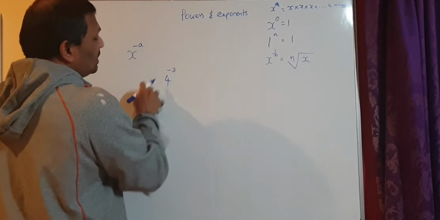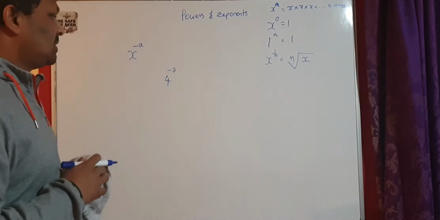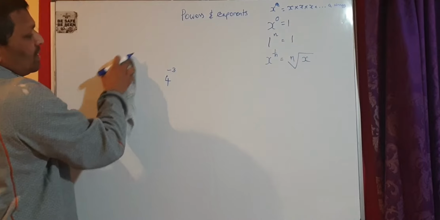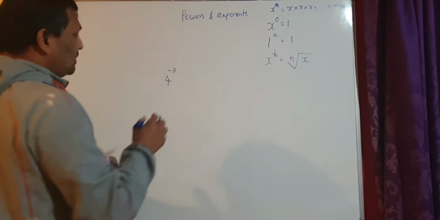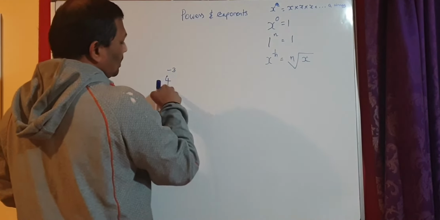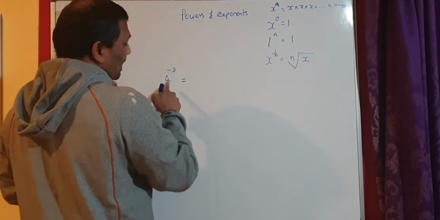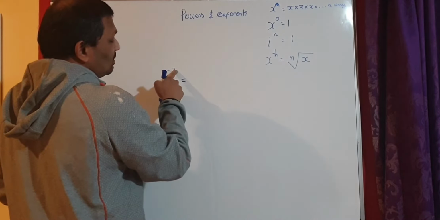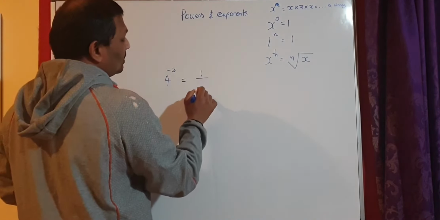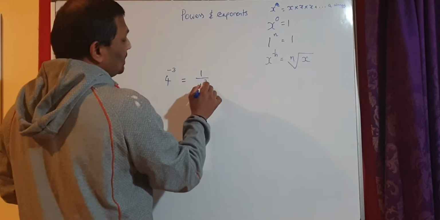To make it simple, 4 to the power of minus 3. The way it should be calculated is that any number raised to the power of a negative number is 1 by 4 to the power of 3 in this case.